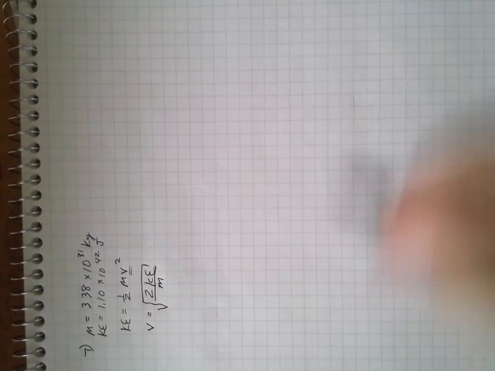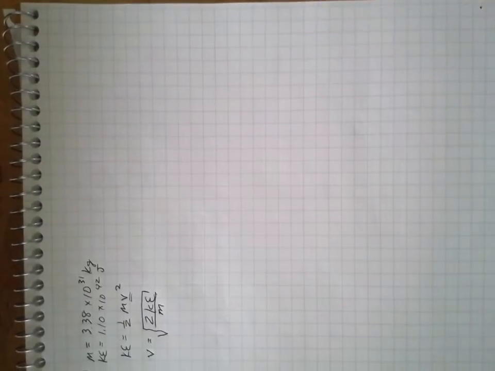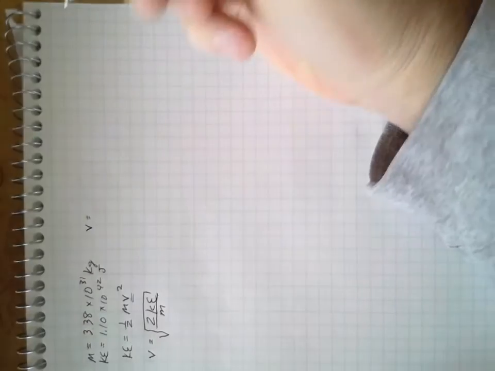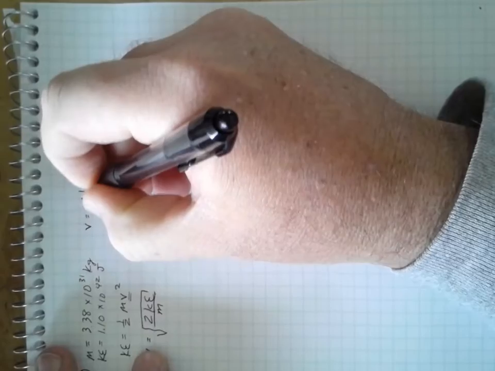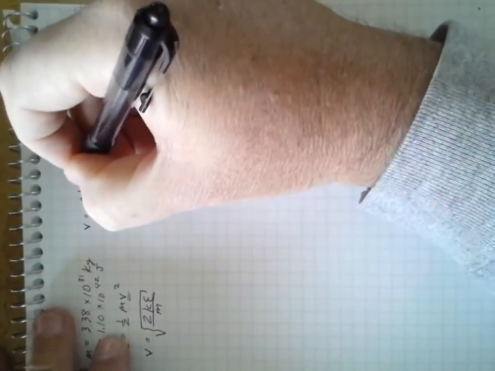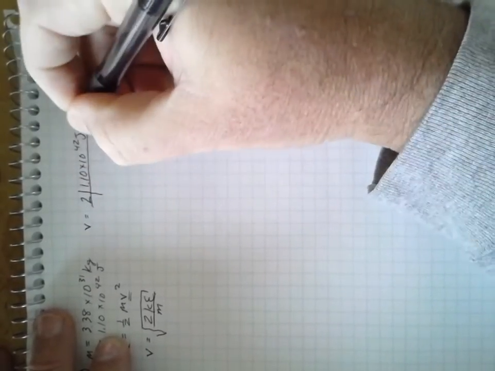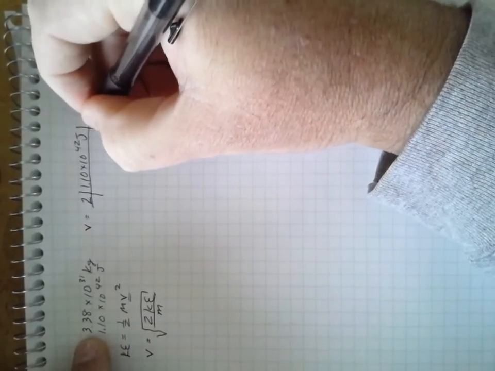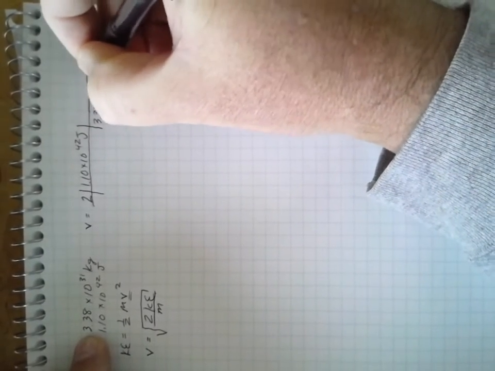Over here is where I'll do all of the math. So v equals, and we're going to start off with 2, and I'm going to do this in dimensional analysis form. Kinetic energy is 1.10 times 10 to the 42 joules. Then we've got mass in the bottom, which is 3.38 times 10 to the 31 kilograms.